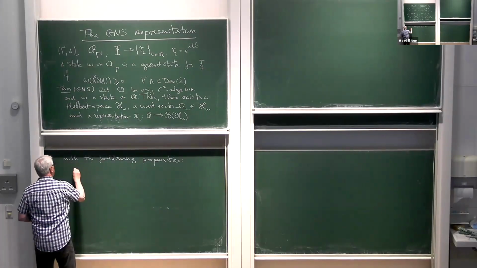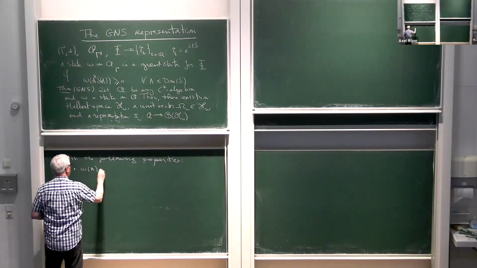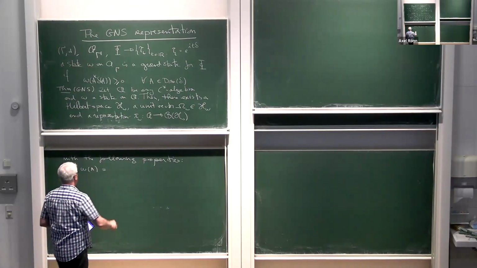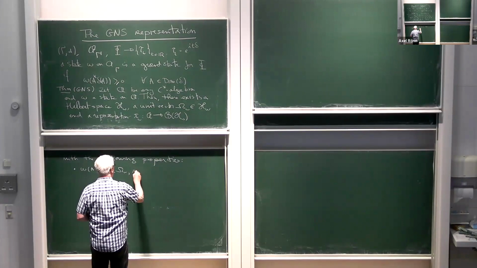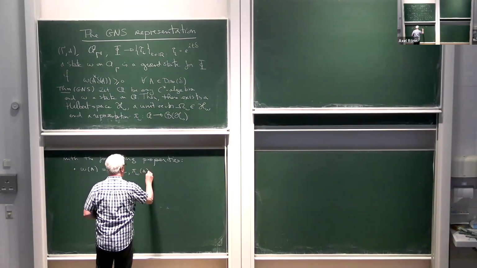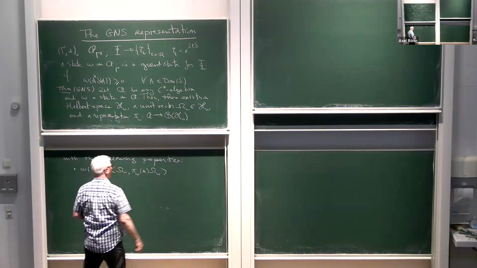First of all, the expectations of our observables can be computed in something that looks like the original finite system quantum mechanics.